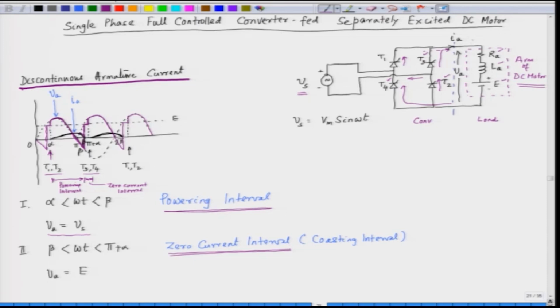The armature voltage VA is the same as the back EMF, as seen in this region of the curve. That is called the zero current interval. Let us analyze these two intervals separately.